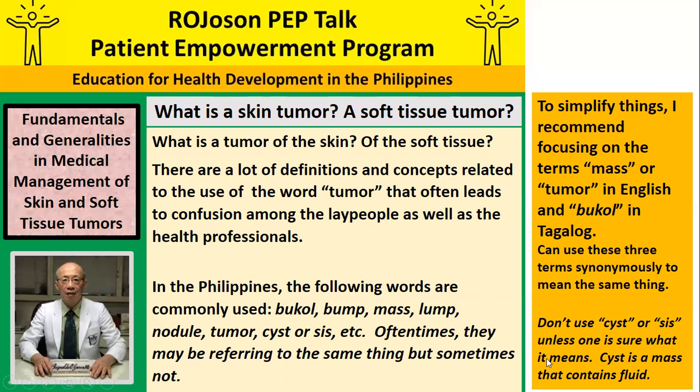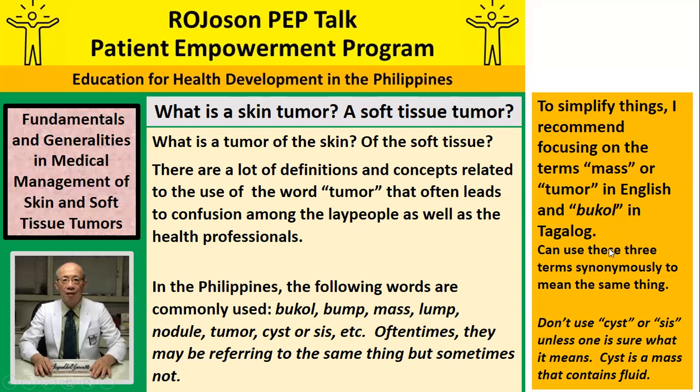In the Philippines, the following words are commonly used: bukol, bump, mass, lump, nodules, tumor, cyst or kist in Tagalog, etc. Oftentimes, they may be referring to the same thing, but sometimes not. To simplify things, I recommend focusing on the terms mass or tumor in English and bukol in Tagalog.